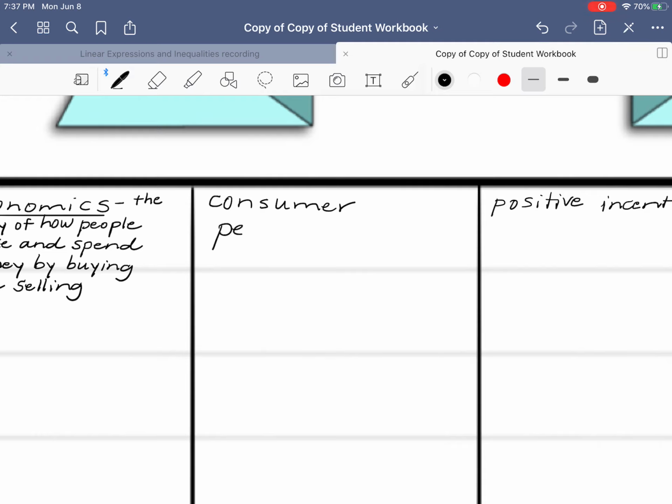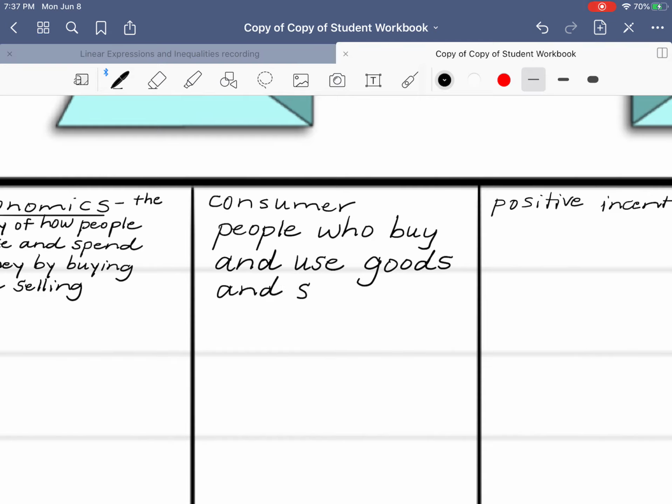People who buy, and I'm going to add and use goods and services. Some things don't, like adult education, you don't have to pay for that, but you still use that service. So people who buy and use goods and services are called consumers.